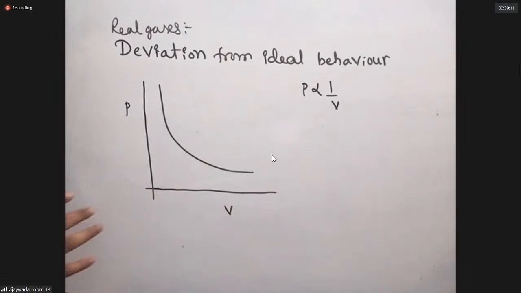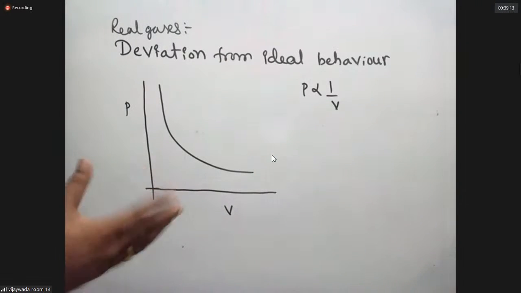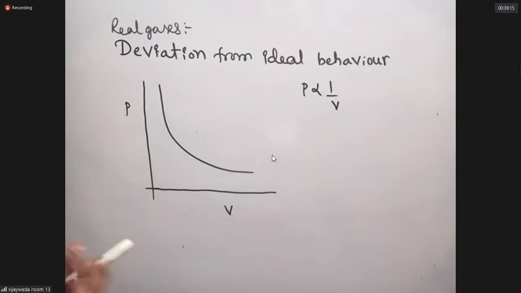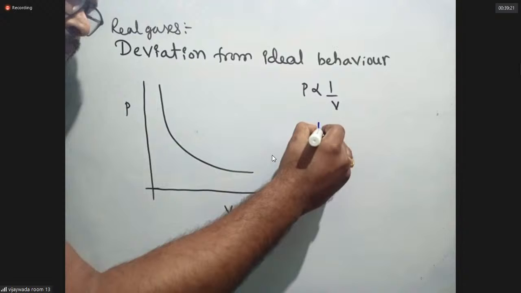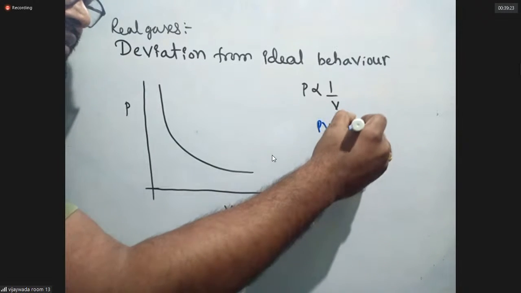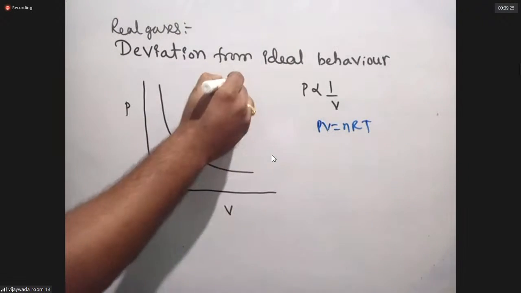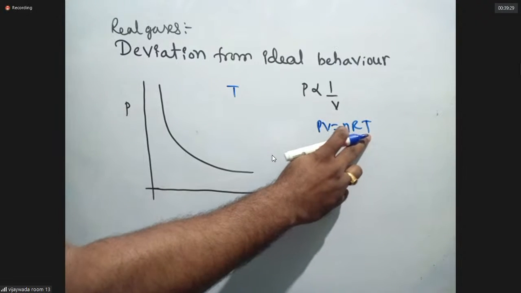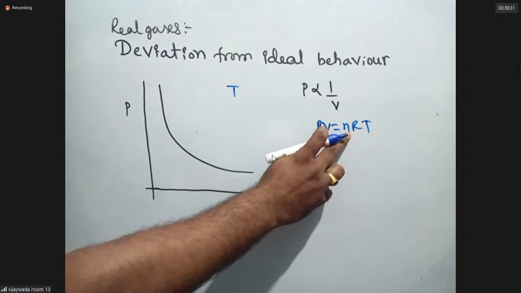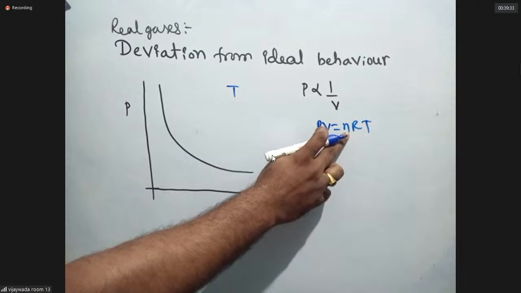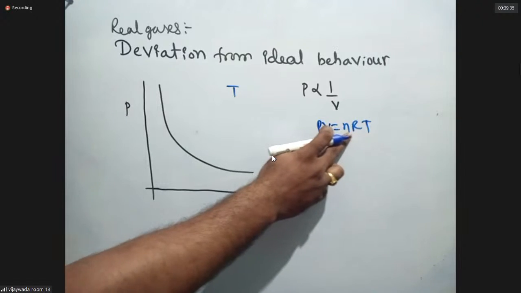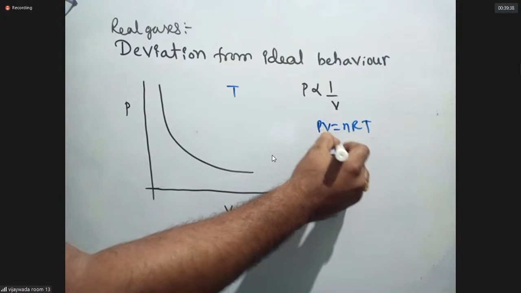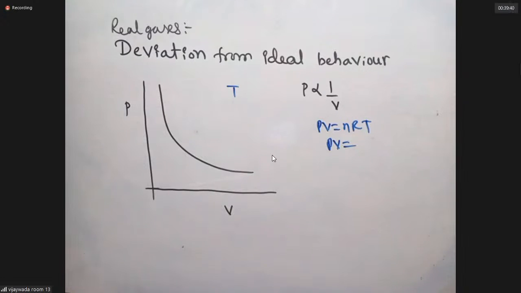He took carbon dioxide or nitrogen, because many gases are there. Let us consider nitrogen gas. According to the PV equal to nRT equation at constant temperature, temperature is constant, R is constant, fixed amount of gas. So nRT value is constant, PV equal to constant.